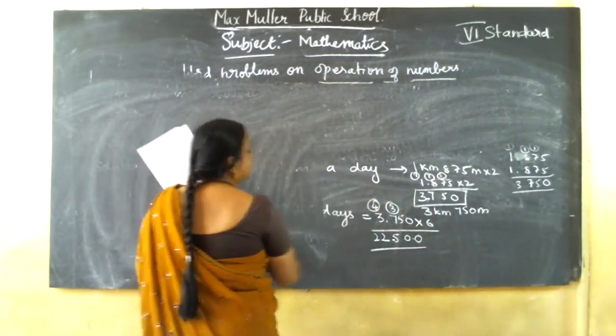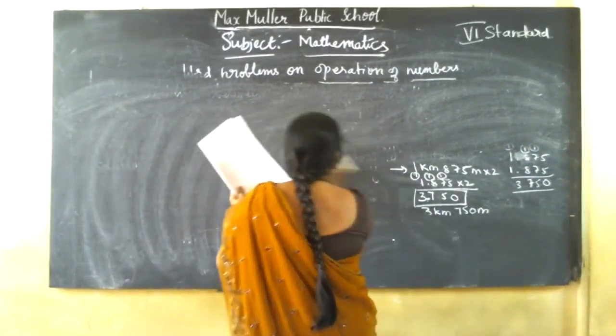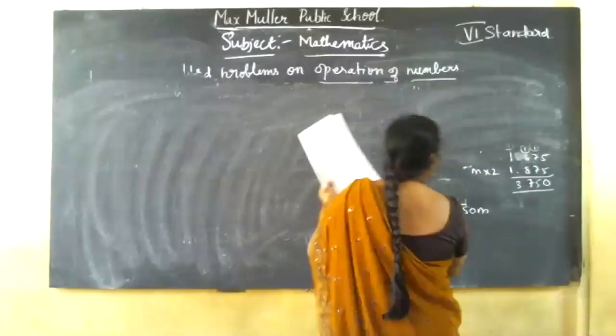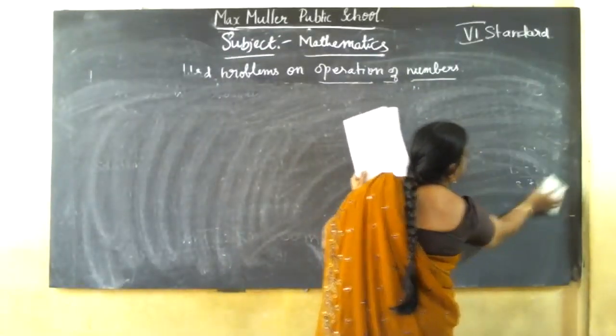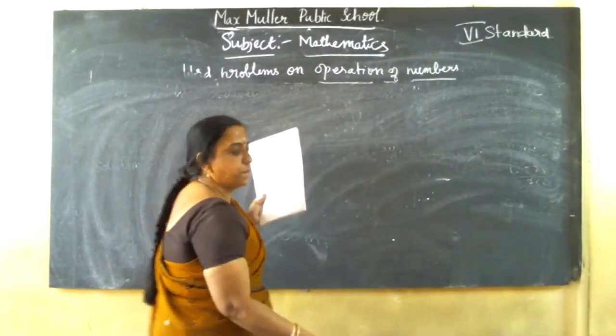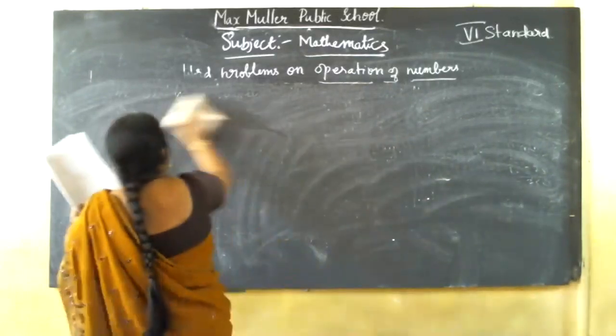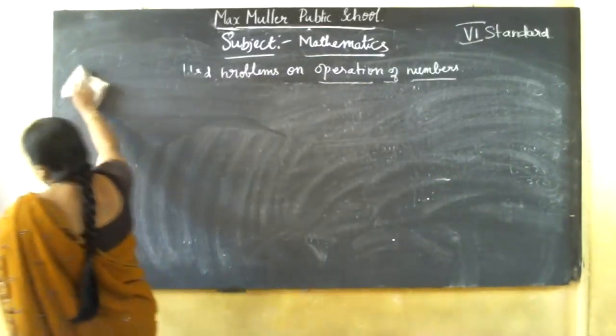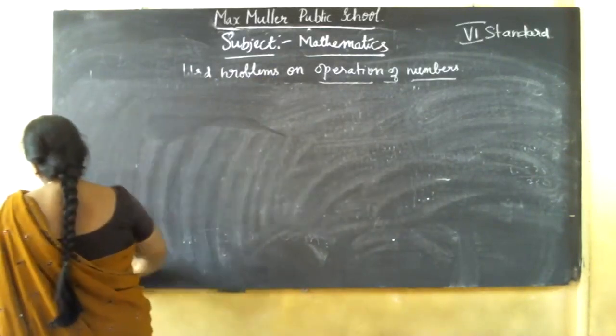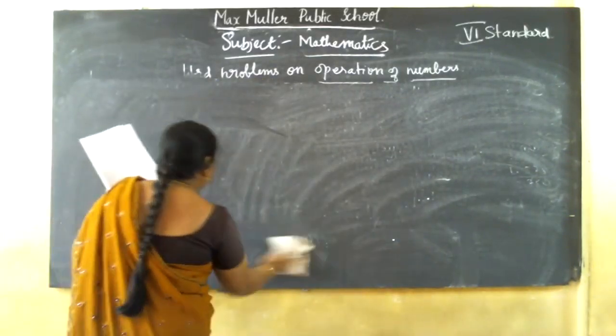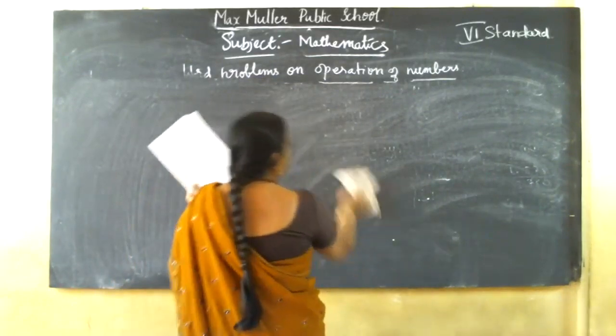While copying in classwork, as I told you, copy the question and answer on one page. One page, only one sum. In one page, only one sum. So now question number 5.